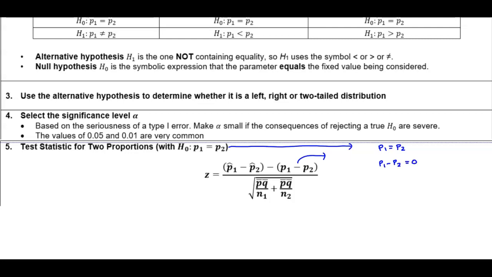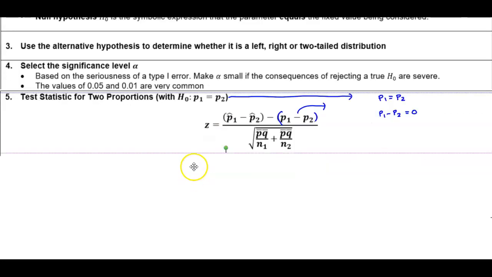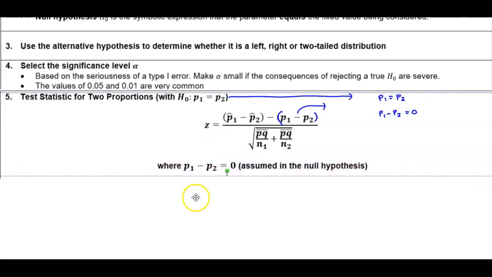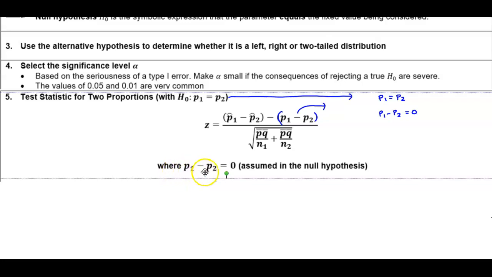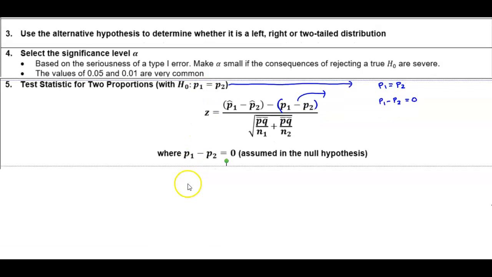So what's in parentheses is always going to equal 0 in the formula, because when we subtract P2 from both sides, it's always going to equal 0. And you'll see that when we get to our future examples. So here you have it, where P1 minus P2 is equal to 0, and that is assumed in the null hypothesis.